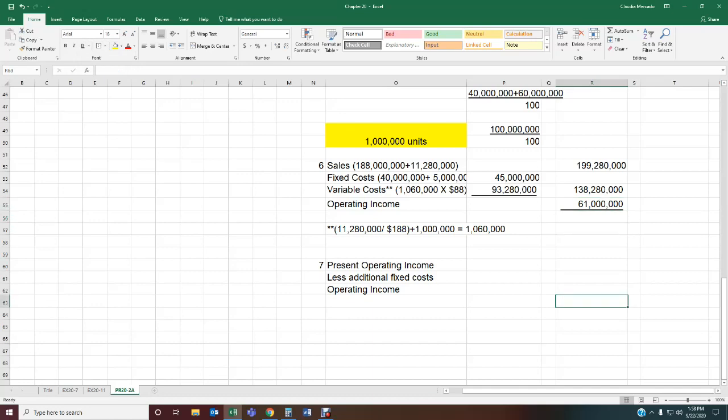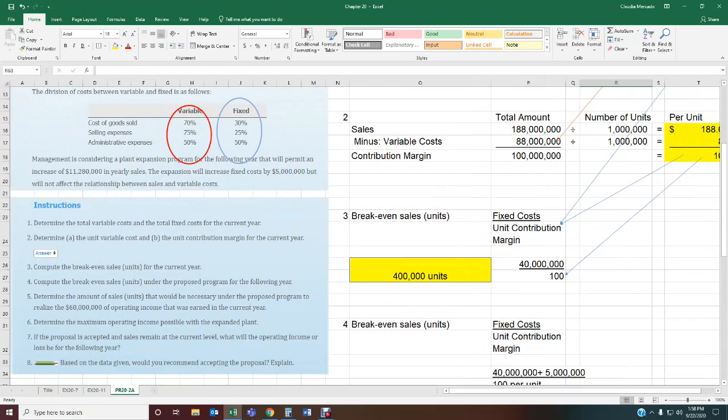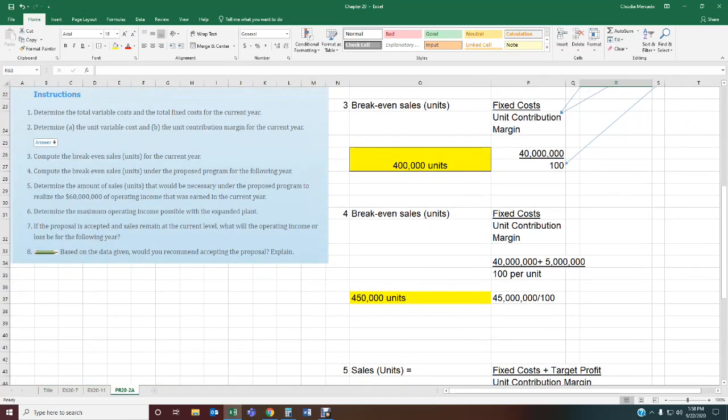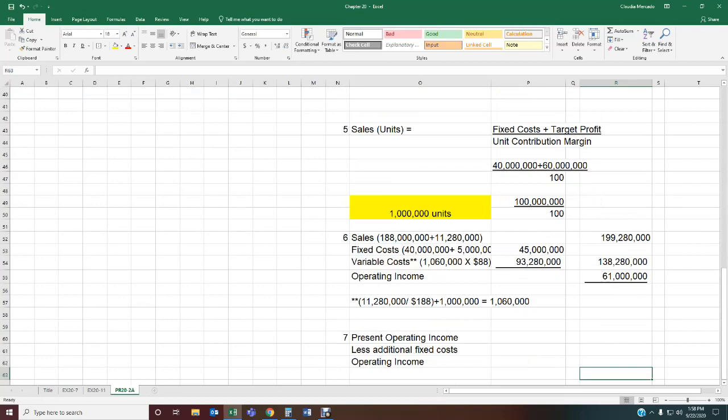So remember, scenario number 6 is asking you to determine the maximum operating income with the expanded plan. With the expanded plan, we're having more sales, we're having more fixed costs, and our variable cost is impacted by the increase in our sales. So my operating income, 61 million. There we are.